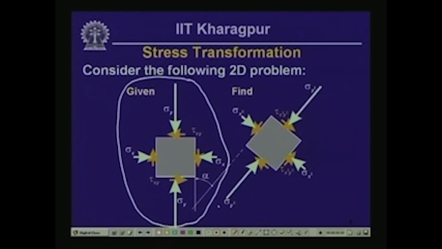We also know the coordinate transformation law, that means how we are going to transform the x y coordinate system to the x prime y prime coordinate system. That means we know this angle of rotation alpha, and our job here is to find out the quantities sigma x prime, sigma y prime and tau x prime y prime. That is our objective.